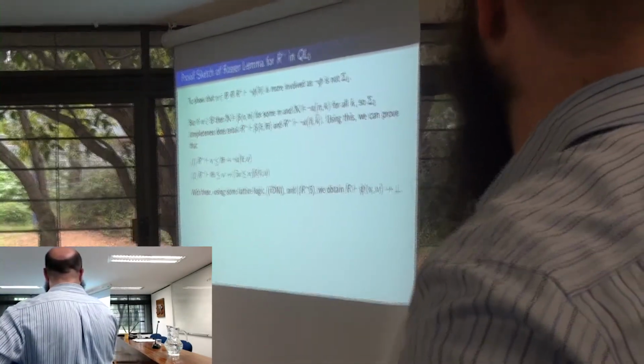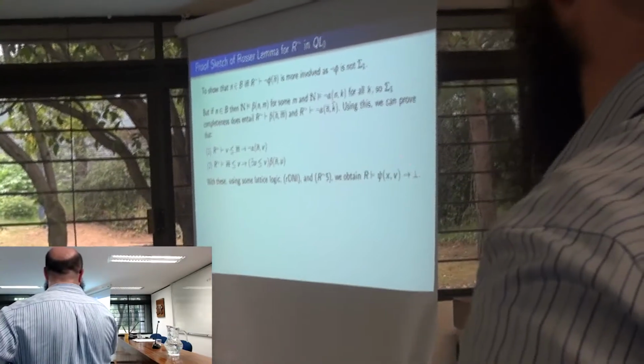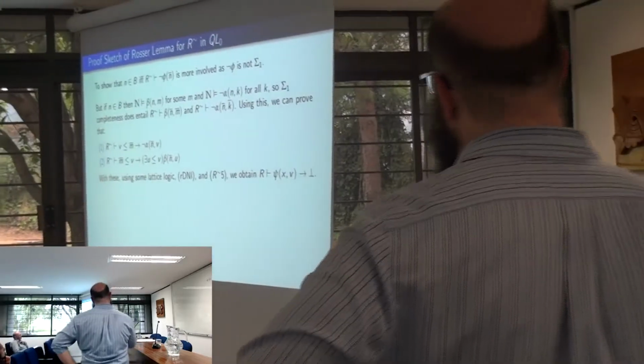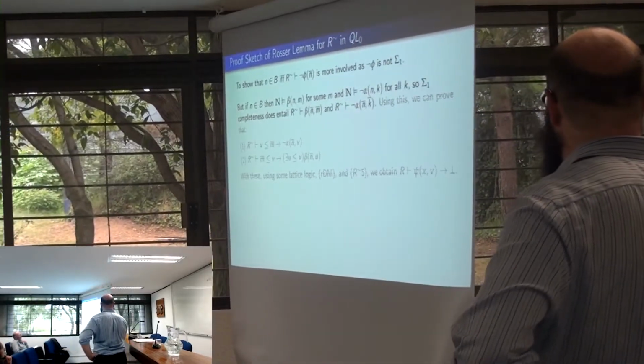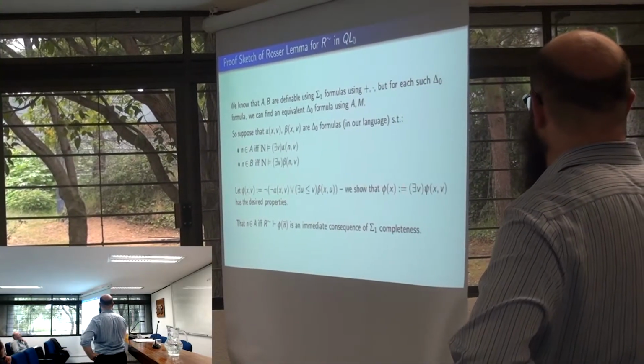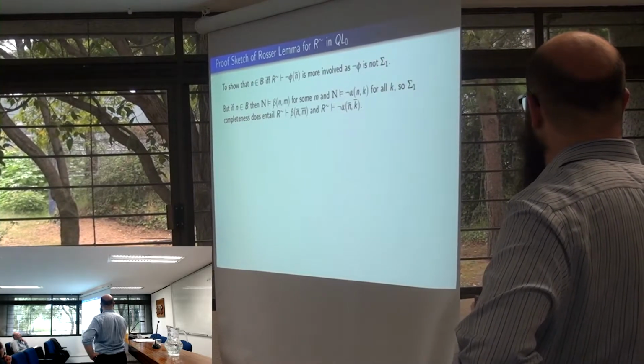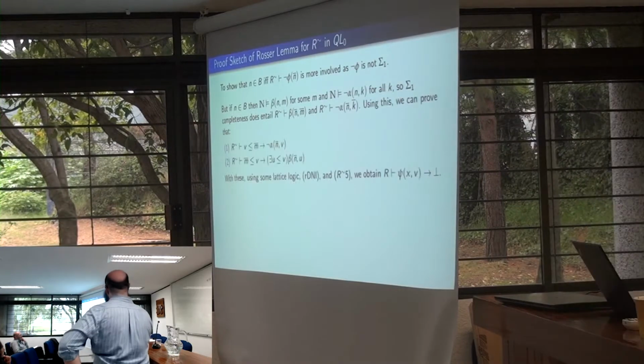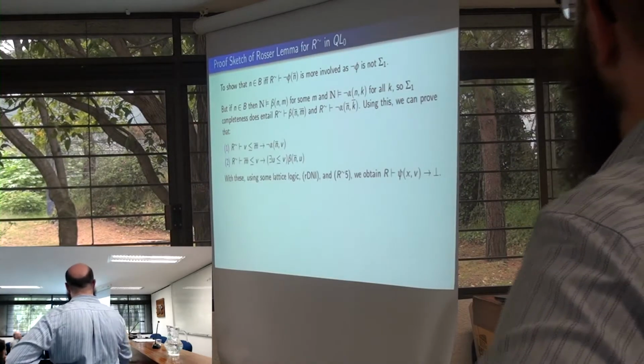And then using some lattice logic and these other things, we get not psi. And then we can, from that, obtain that not phi of X holds just by quantifying over V. So that gives us that if N is in B, then not phi of N is true.